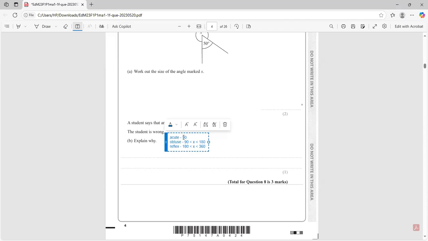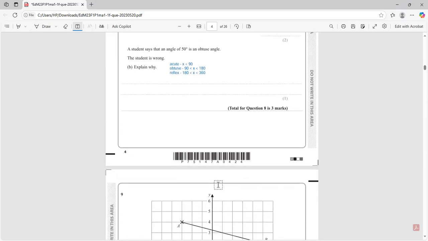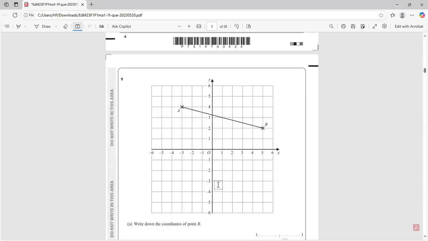X less than 90. It looks like this allows me to annotate, so I'll send back the question paper to you after we're done. But you can still take notes on your notepad.